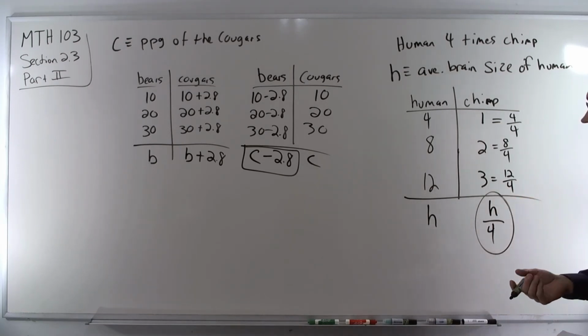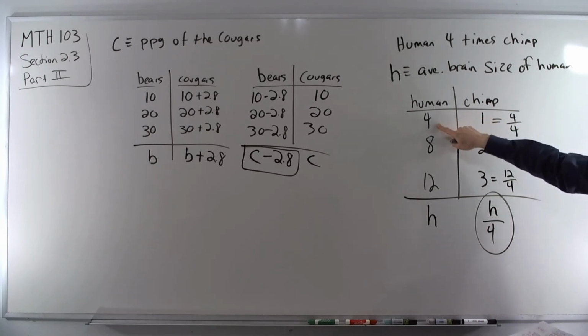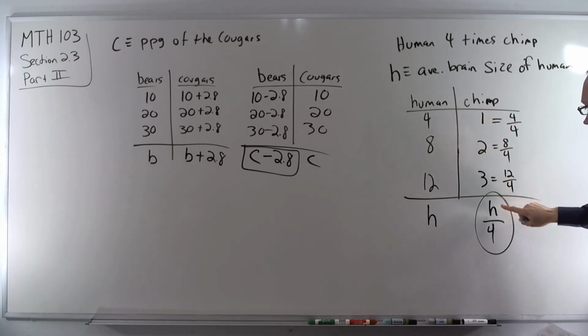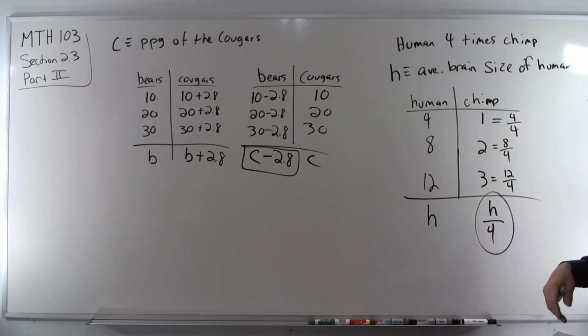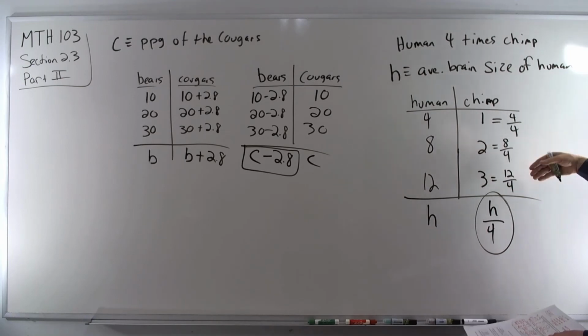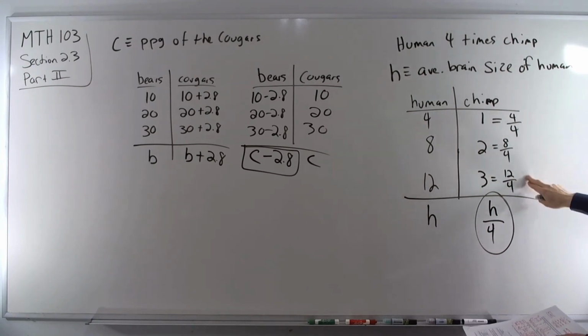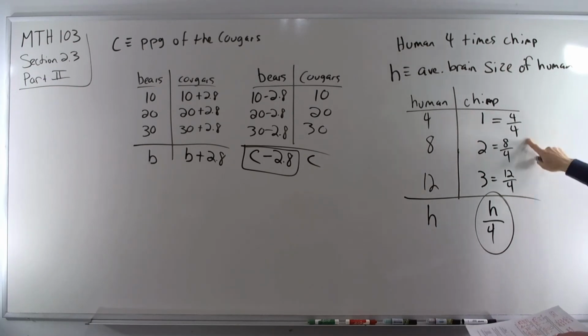So another way of thinking this through is, since we had to multiply chimp size to get the human size, we have to divide the human size by 4 to get the chimp size. Just do that opposite operation. This writing down the numbers is just a way of experimenting and seeing what patterns we come up with. Well, the pattern was we have to divide by 4.